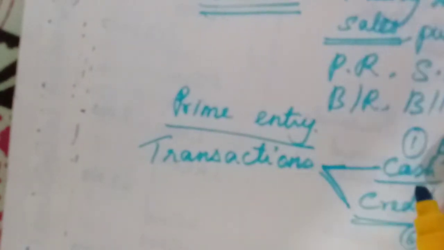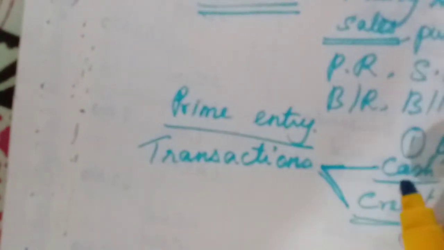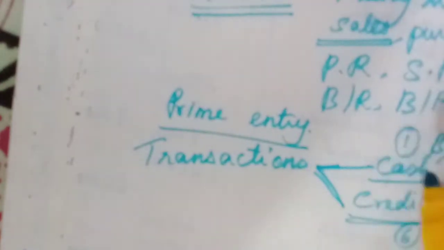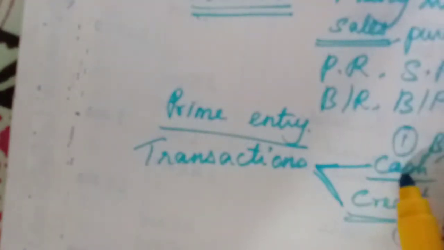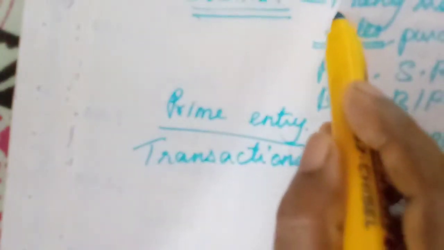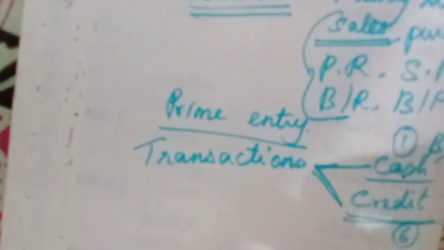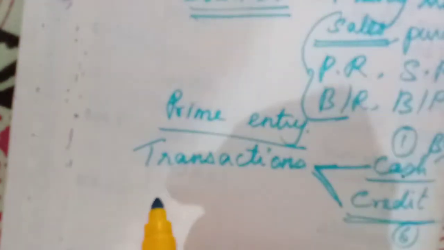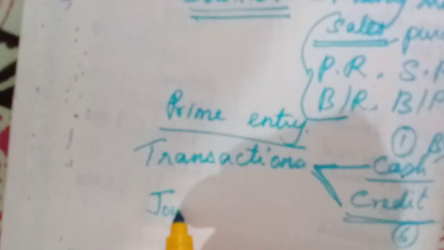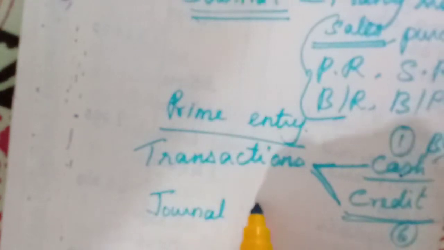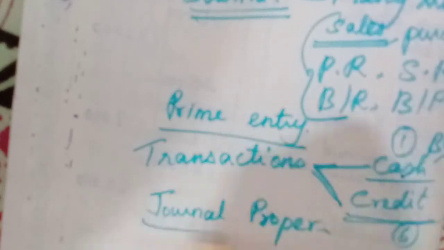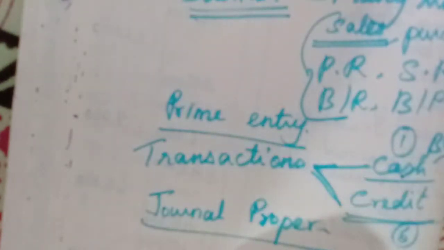If some transactions occur that we cannot enter either in the cash book or any of these subsidiary books, then we need to prepare one entry that is called journal proper. That we will learn at the end of this lesson.